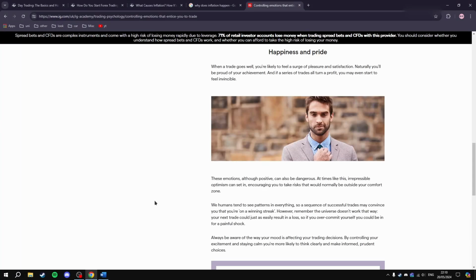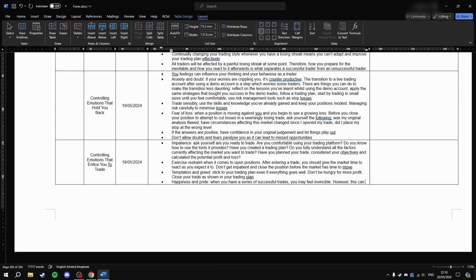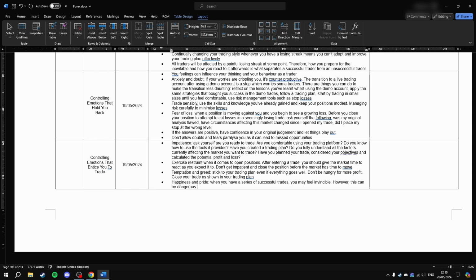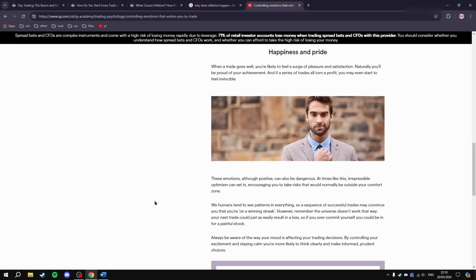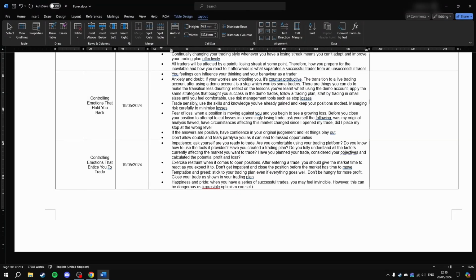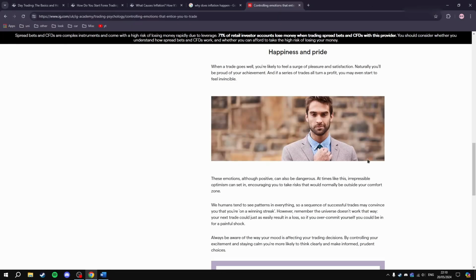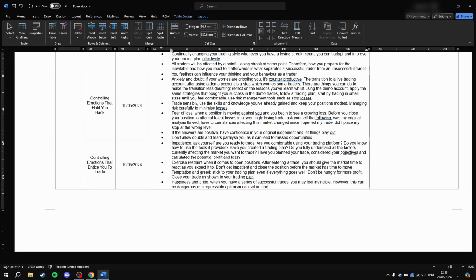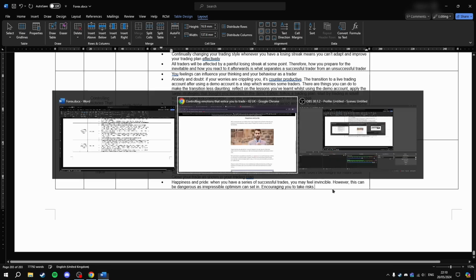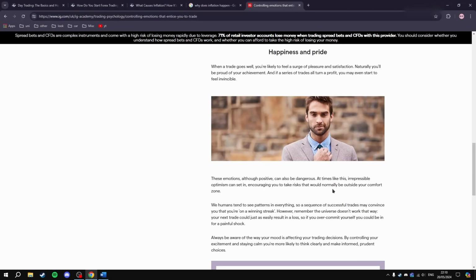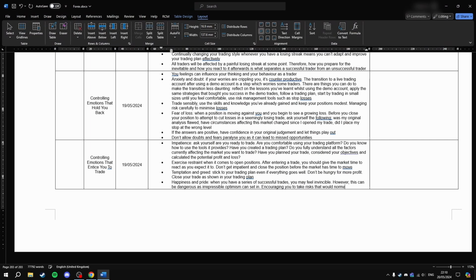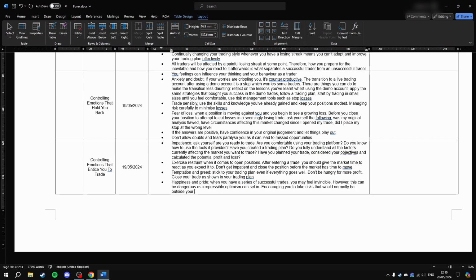However, this can be dangerous as irrepressible optimism can set in, encouraging you to take risks that would normally be outside your comfort zone.